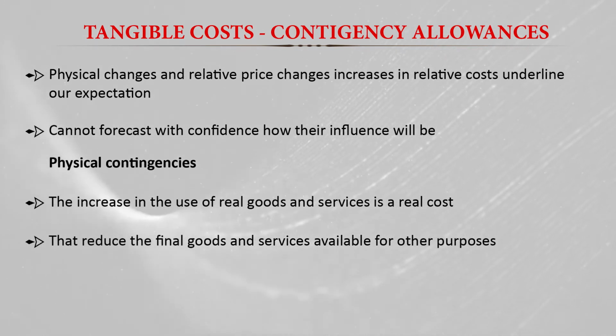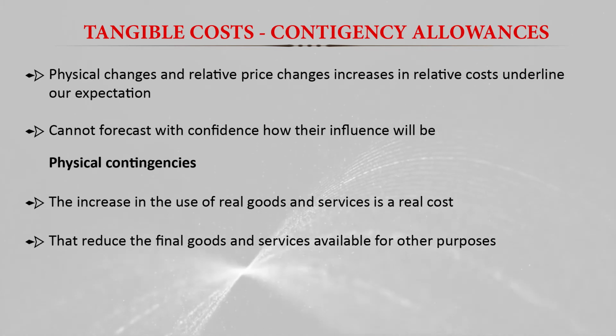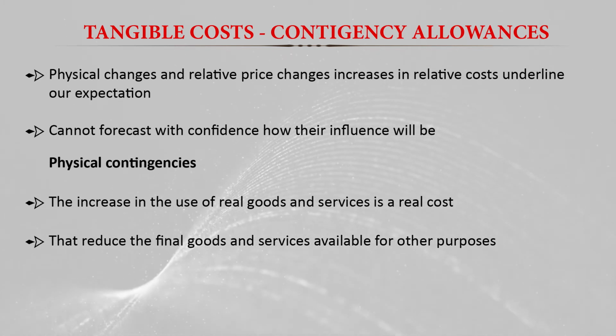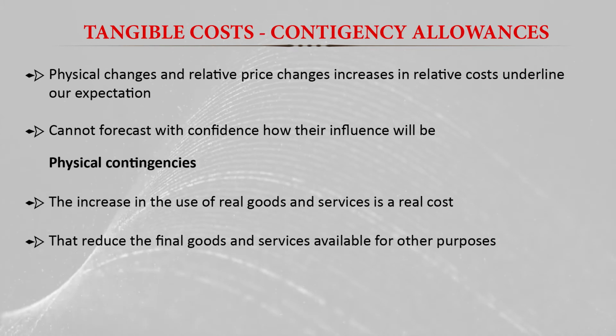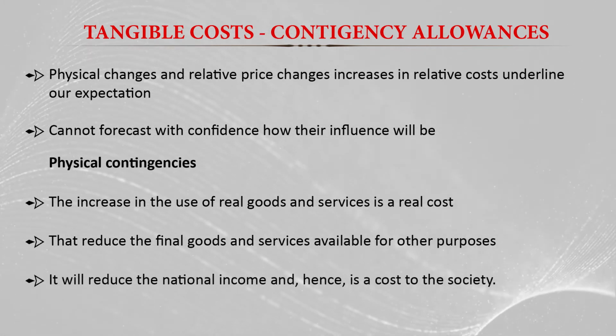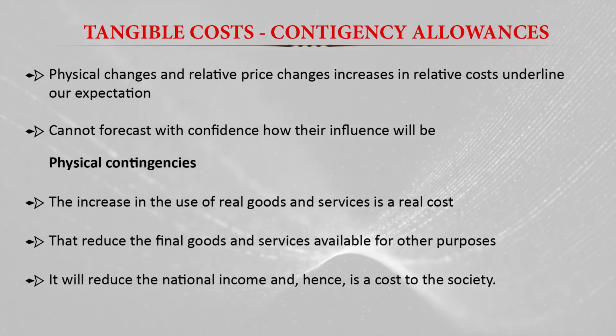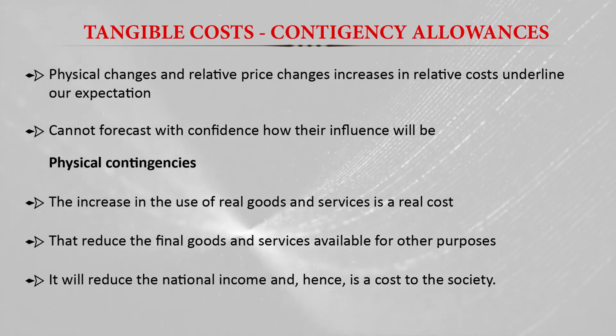available for the purpose. So when the cost increases, we will achieve fewer objectives or less final product from the projects. We can say the income will be less if there is an increase in the value of the cost of the physical goods and services, and it will reduce the national income as a whole in the society, and hence it is a cost to the society.